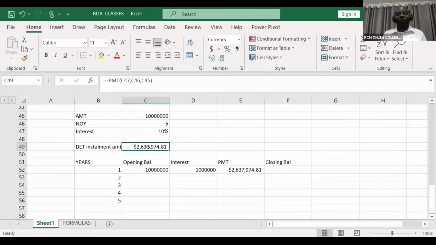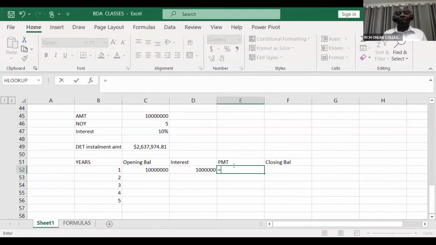You haven't said equals, my friend. Just go back to that PMT for year 1. Just say equals again. Say equals inside. Pick that 2 million. Pick it. Say F4. Great.